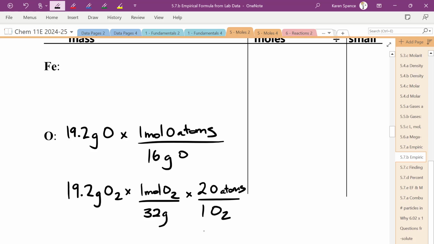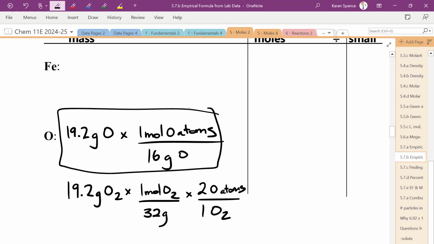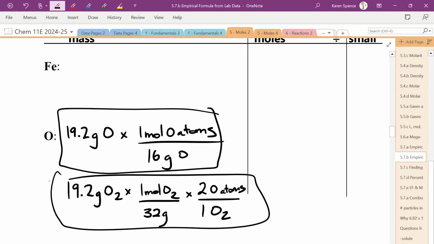And it will give you the same result either way, but this one is shorter. So it's easier just to work in atoms from the start. Okay, when you're finding empirical formula, just ignore molecules of O2, ignore your diatomics, because you're not looking for what it is in its elemental state, you're looking for what oxygen is in a compound. And if it doesn't make any sense to you, as long as you know you're finding atoms, it's okay to write this. It just takes a little bit longer, okay?